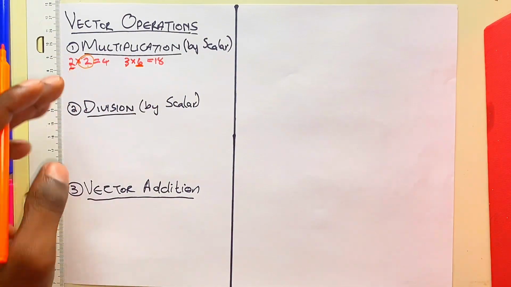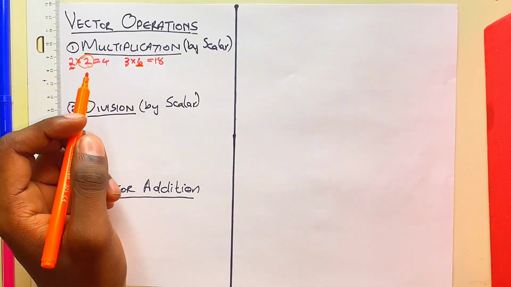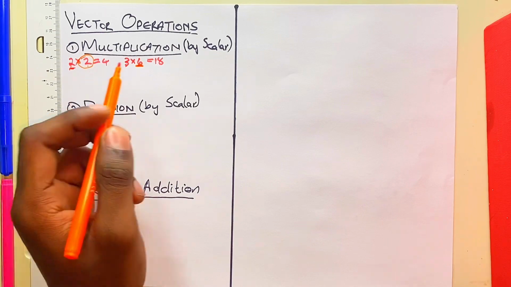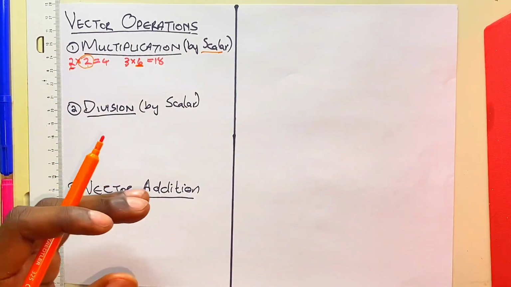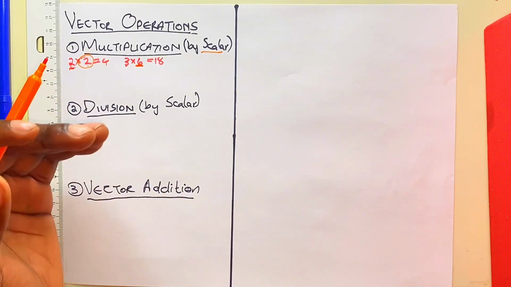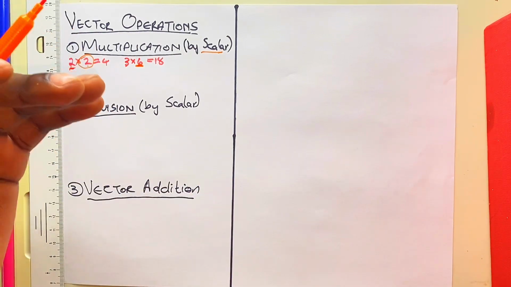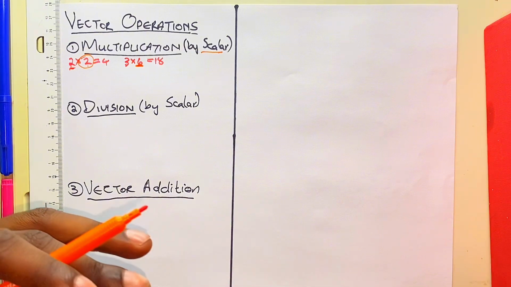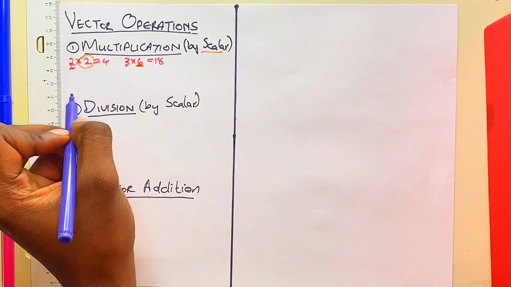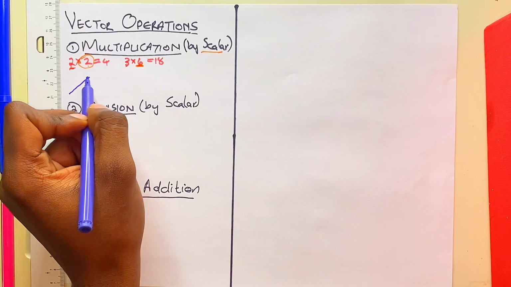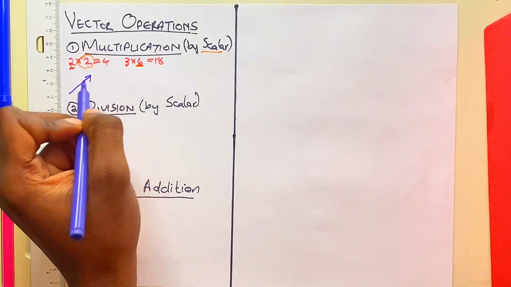The same thing applies when you are working with a vector quantity and you want to multiply it by a scalar. Remember that a scalar only has a magnitude. So you are basically just taking your vector and multiplying it by a certain factor. Remember that a vector can be represented by a line, an arrow.